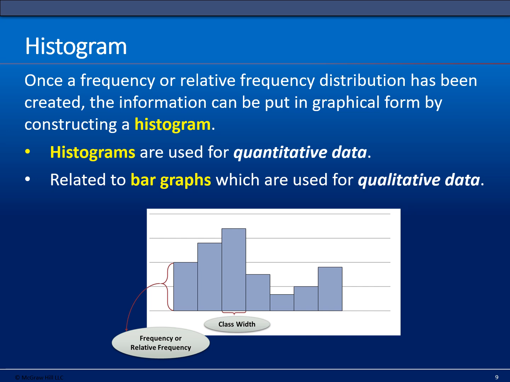It uses the class width. It's one of the reasons why we keep the class width the same, so that all the bars are equally wide. And so the area of each bar, to some degree, also reflects the proportionality of the responses.